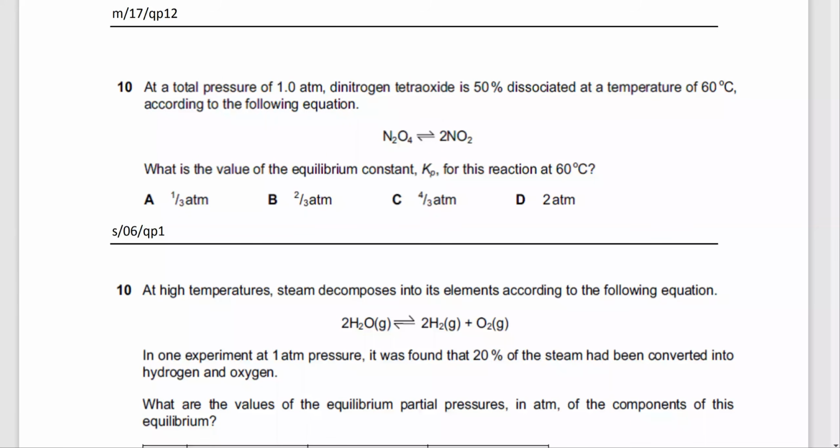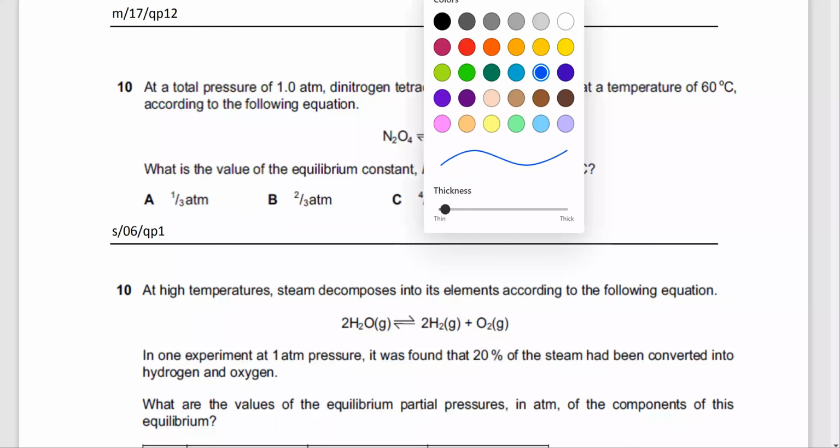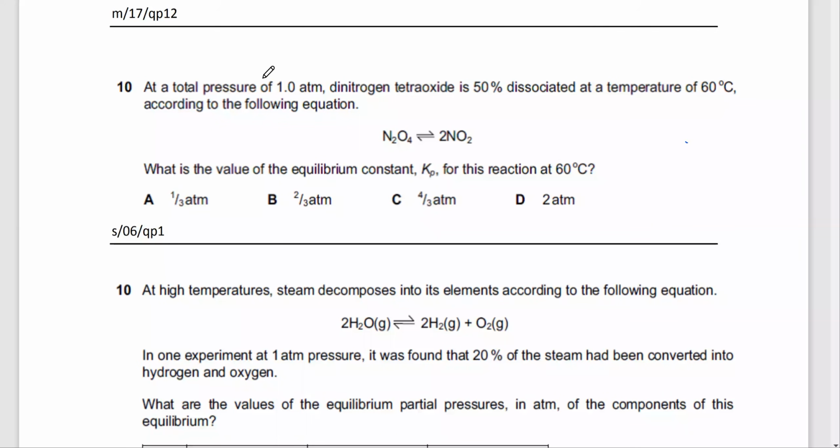These are Kp questions. Now the question is that at a pressure of 1 atmosphere, dinitrogen tetroxide, pretty much the same reaction, is 50% associated at a temperature of 60, and you have to find Kp. This is precisely the type of question that I wanted to actually solve.